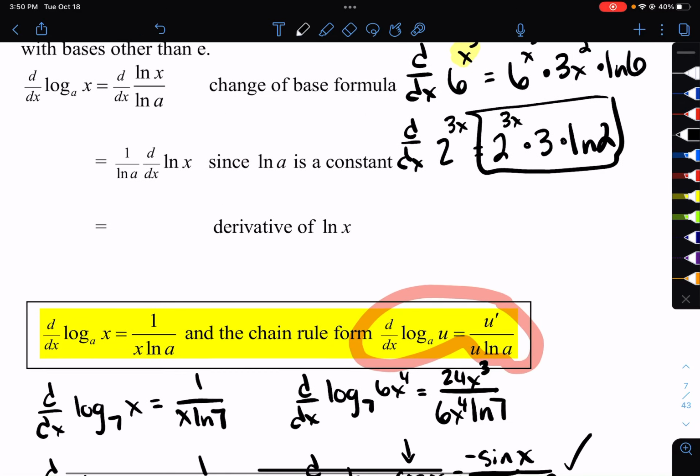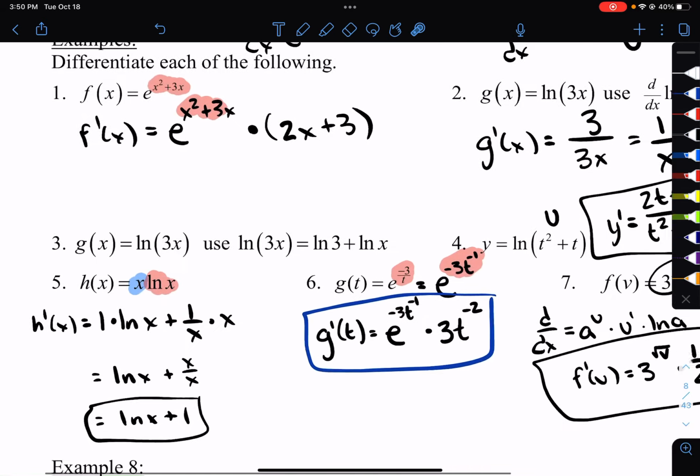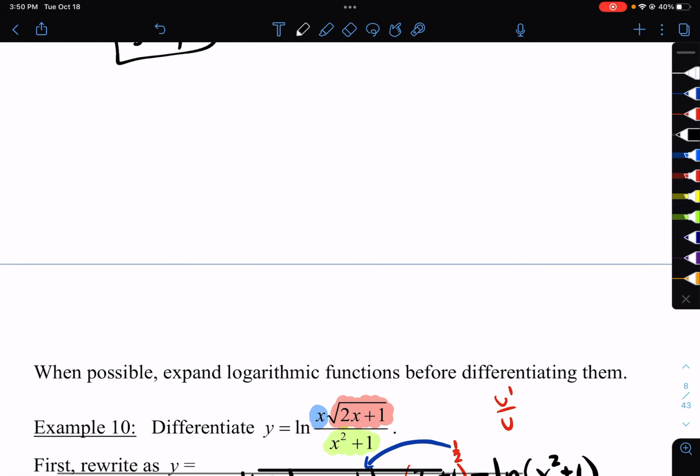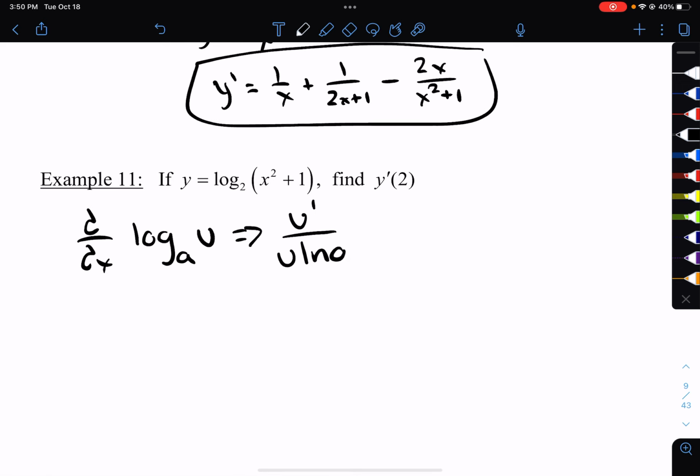We have it up here at the top, right? So it's this one that we highlighted in red. It's the u prime over u natural log of a. Okay, so we can go down here and we'll add that. It's going to become u prime over u natural log a. I'm not going to worry about where all those things came from. It's a formula. I'm going to use it.